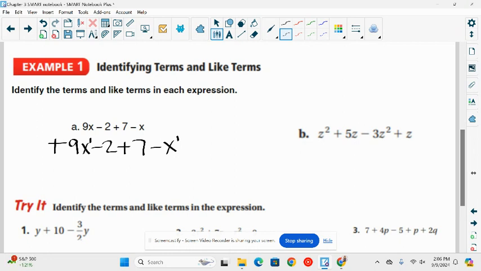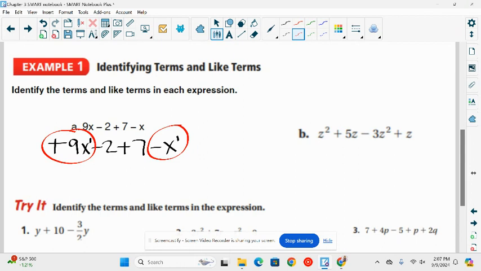Now, we can take our red, and I always start with the very first term. So I have positive x to the first power. Do I have any other terms that have x to the first power here? What do I have? The last one, minus x to the first power.